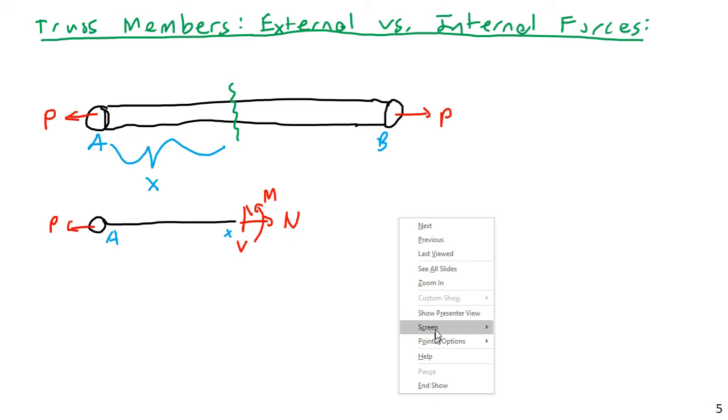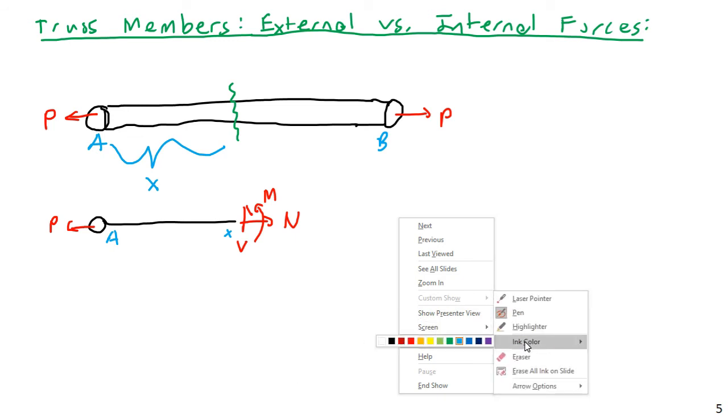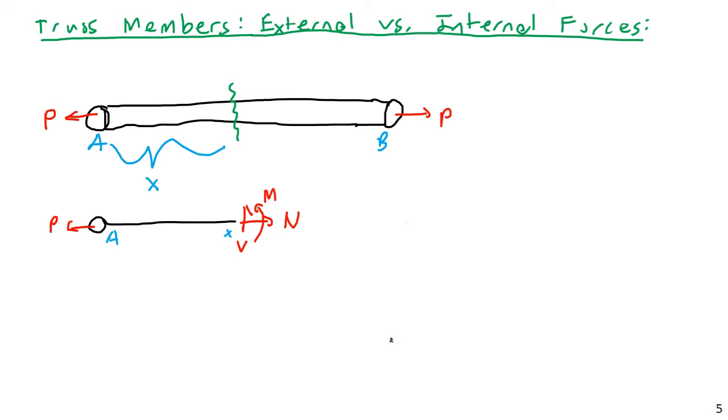So instead I'll start by summing forces in the vertical direction. Sum of forces in the Y direction gives V plus nothing equals 0. So that Vx has to be equal to 0.